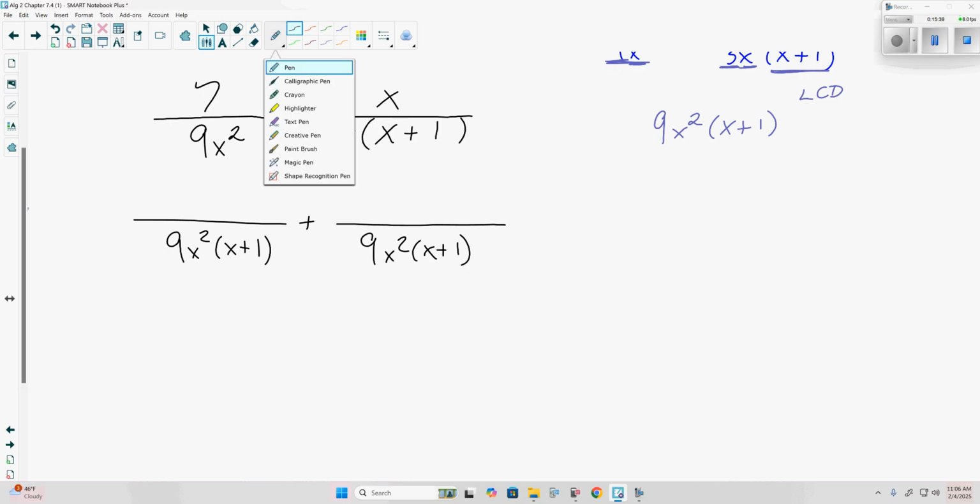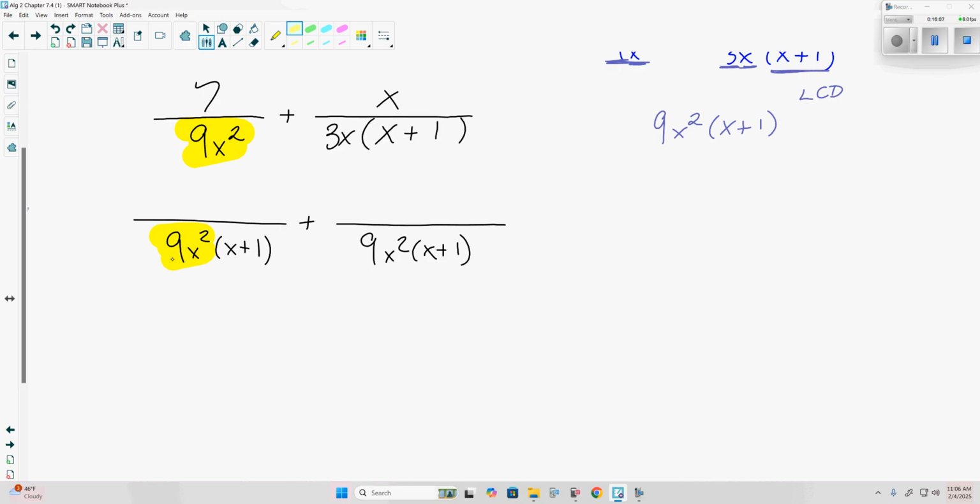All right, let's get a highlighter. So, the left, we have 9x squared, yes? So we do have that part of that denominator already there. What are we missing? The x plus 1, yes? Because it does have the 9x squared, a part of our least common denominator. It's missing the x plus 1.